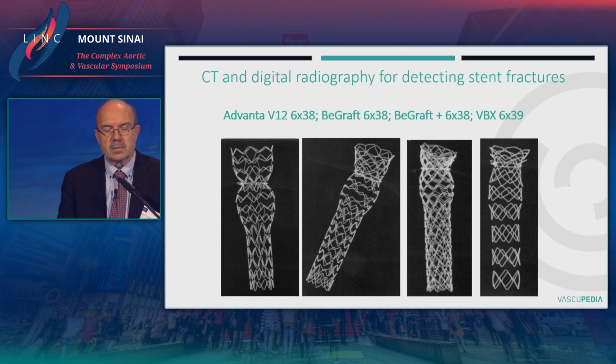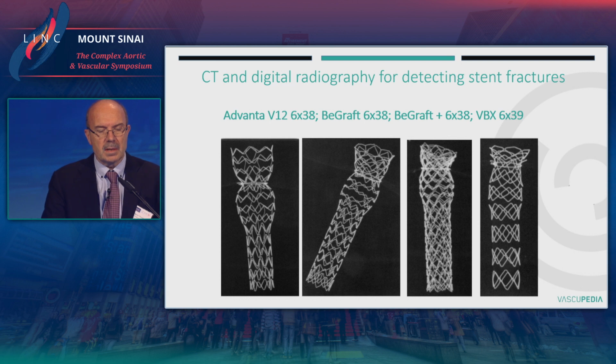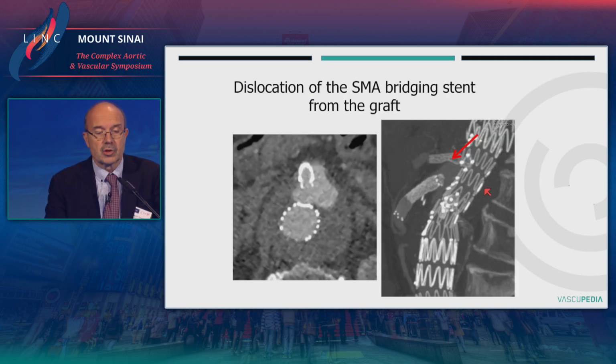The second was to test also the fracture rate of these stents, and you see the digital radiography of the Advanta here on the left, and then of the Bgraft Plus, and of the VBX, and you can have a personal idea of the changes of these metal structures.